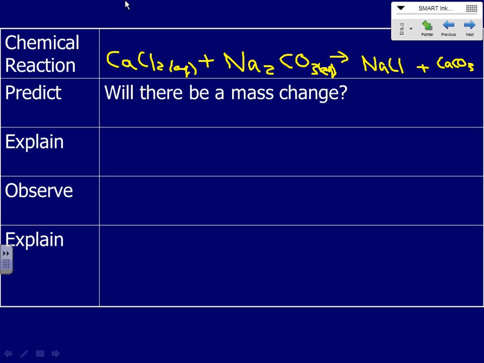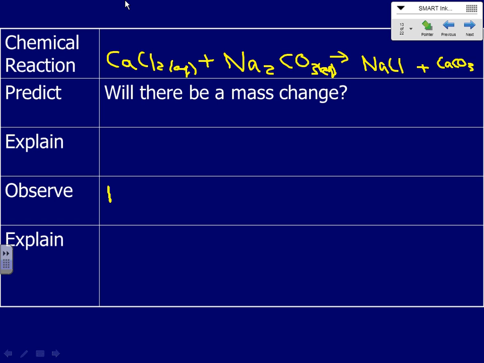Let's switch this back. Input. So, will there be a mass change? You put that right there. Oh, explain. Oh, there was an extra explain in there. I'm not worried about that. You're right. That was supposed to be explain it, but I'm not worried about it. Observe, did the mass change? You can say, no, the mass didn't change.